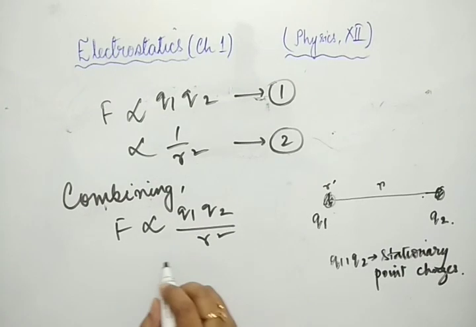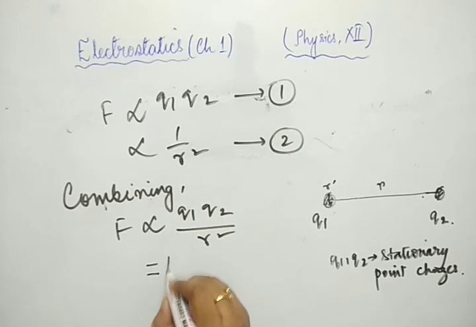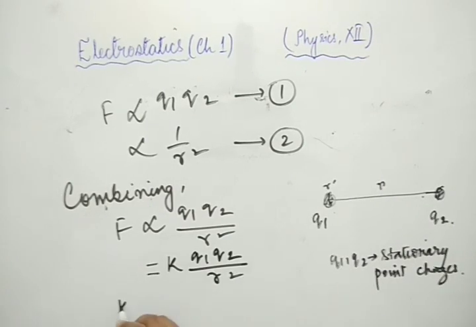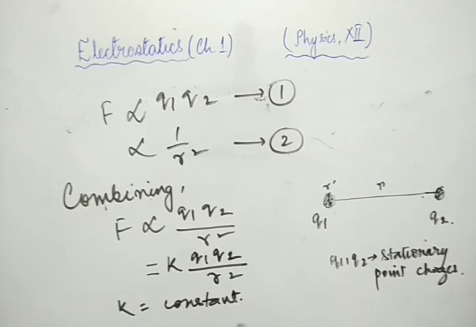Now you know that if you want to remove the proportionality sign with an equal to sign, then one constant will come, K, where K is a constant known as the electrostatic force constant.